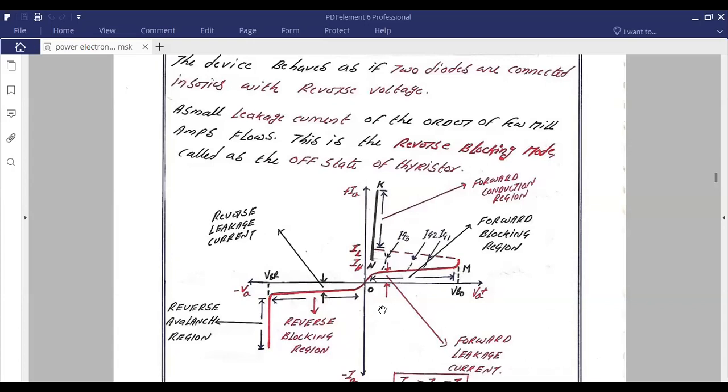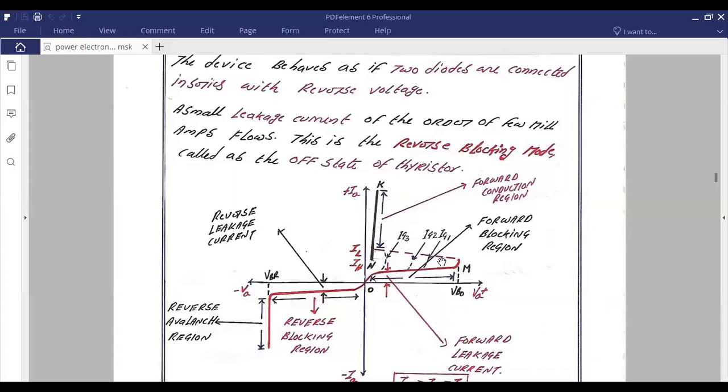Whenever the gate current applied to the SCR is 5 milliamps, the voltage required across the device is much higher. As you increase the forward voltage with a gate current of 5 milliamps, at a forward voltage of 50 volts the device comes into conduction.